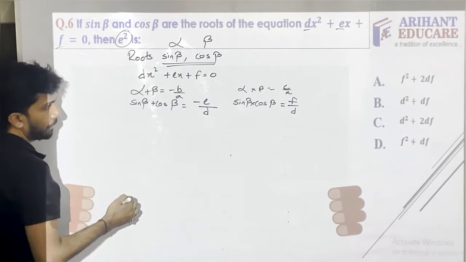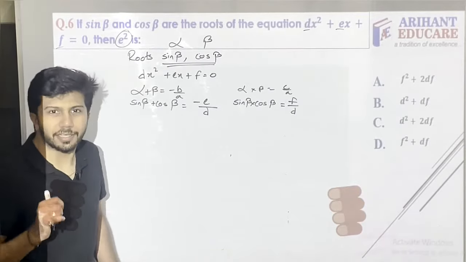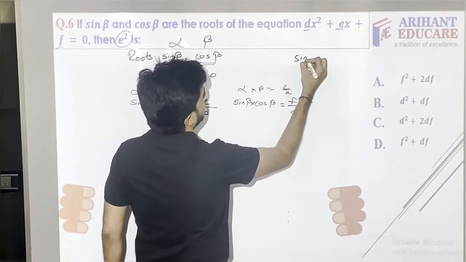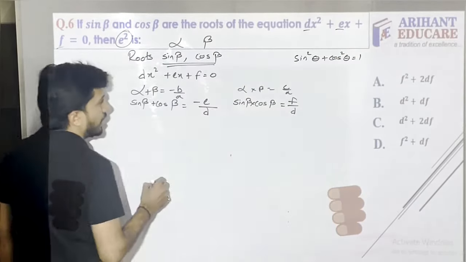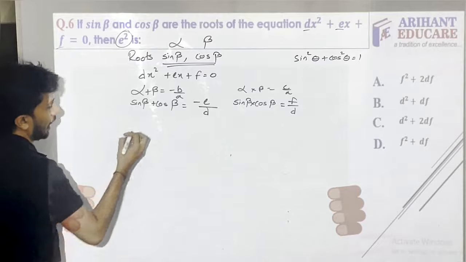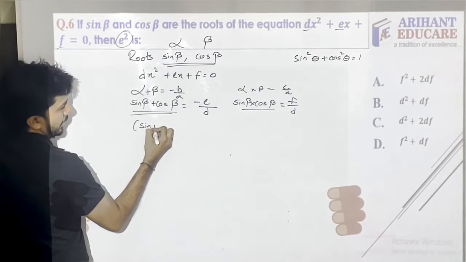Okay, what to do further? There is something very common and famous that we already know about sin and cos. What is it? We know sin square theta plus cos square theta is 1. Let's try to incorporate that over here. I already have a plus value, I have a product value. Let's use the identity.